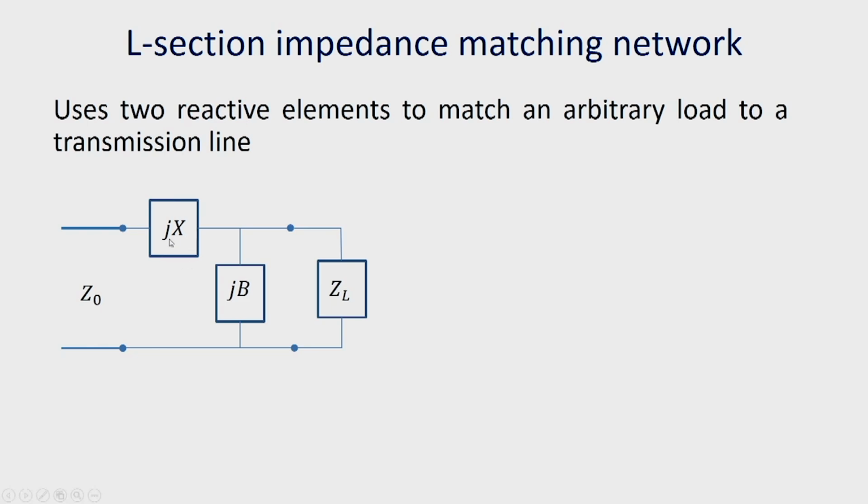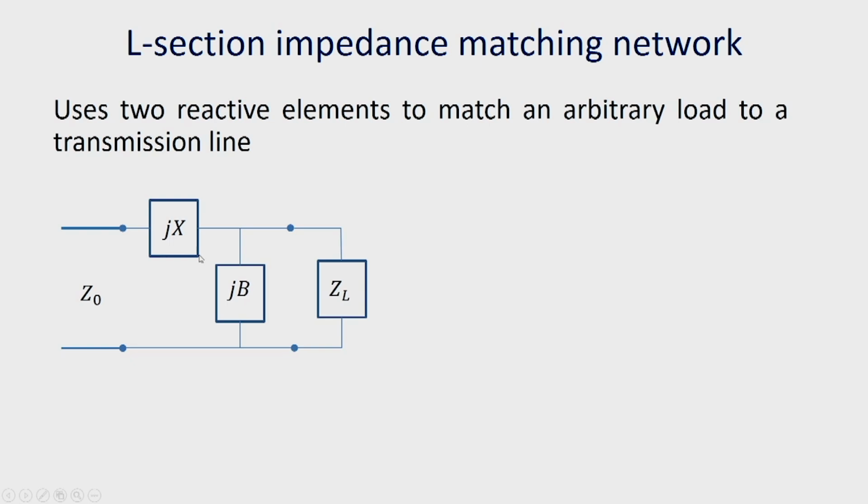So, we have a series element jX and a shunt element shown as jB. Depending upon the lumped element used, this can be an inductive element, it can be a capacitive element. Similarly, here also we can use an inductive or a capacitive element.